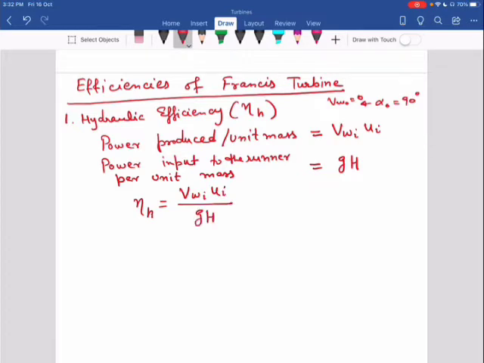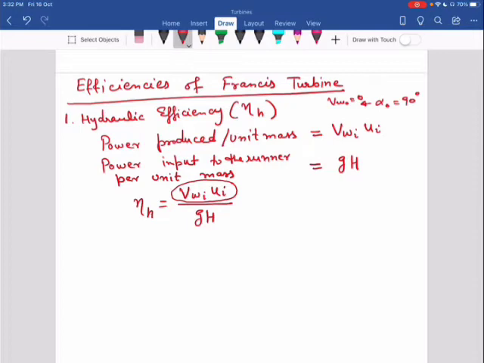Now we can also write this efficiency into another form. Now this power produced is equal to the amount of energy utilized within the runner.